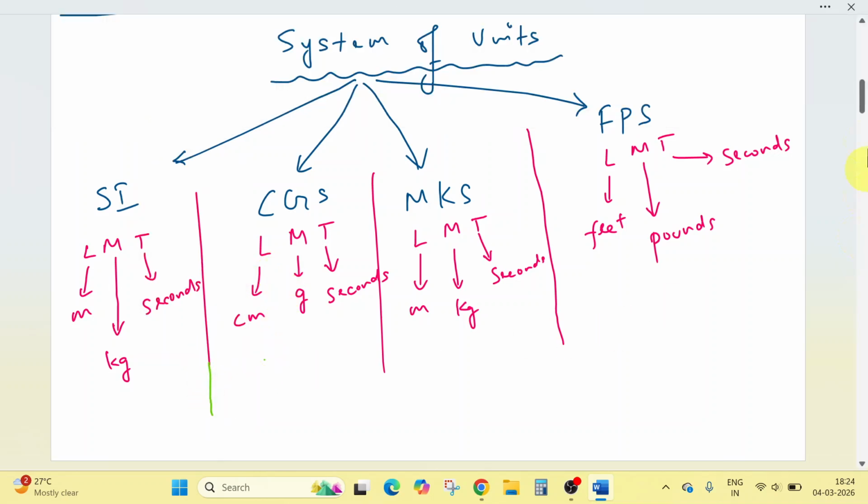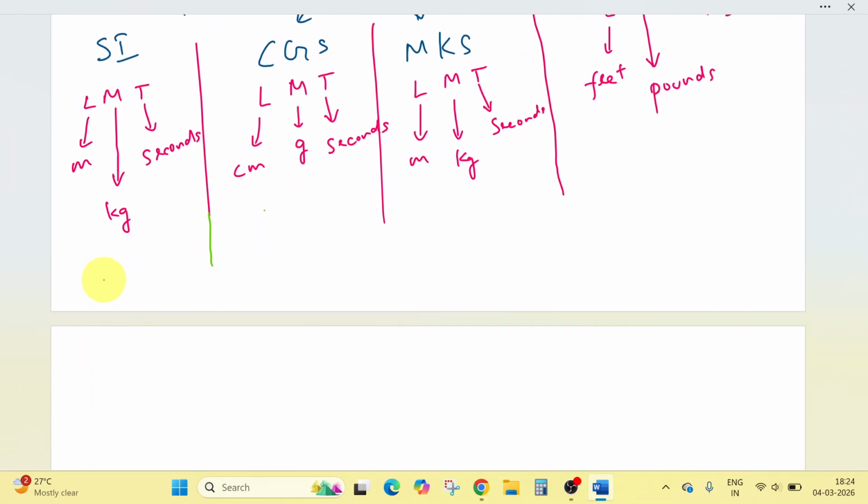Newton, isn't it? Force হচ্ছে Newton, isn't it? But in MKS, force is measured in kGa. That is the difference. Force is measured in kGa, the gravitational unit of force. That is the difference. Other things are the same.